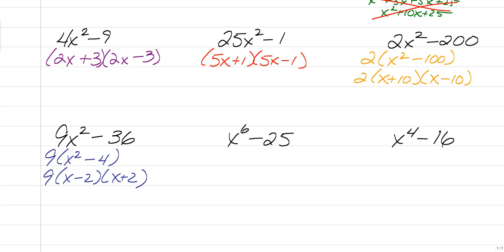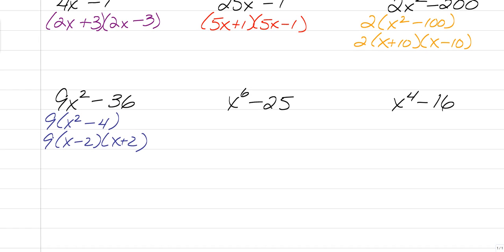So what you might be wondering is, could you have just continued from the last one? Yes, you could. If you said that you had 3x minus 6 and 3x plus 6, you still have to look for GCFs, even if it's not the first step you do. So you could factor out a 3 from this, leaving you with x minus 2.